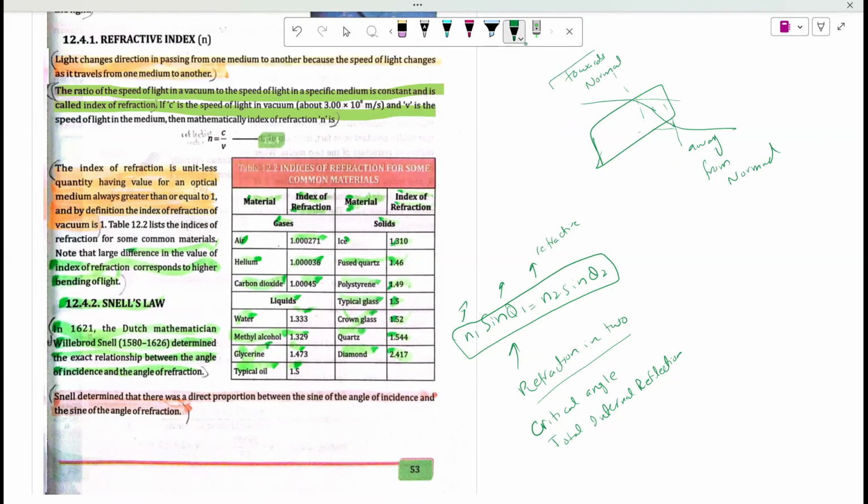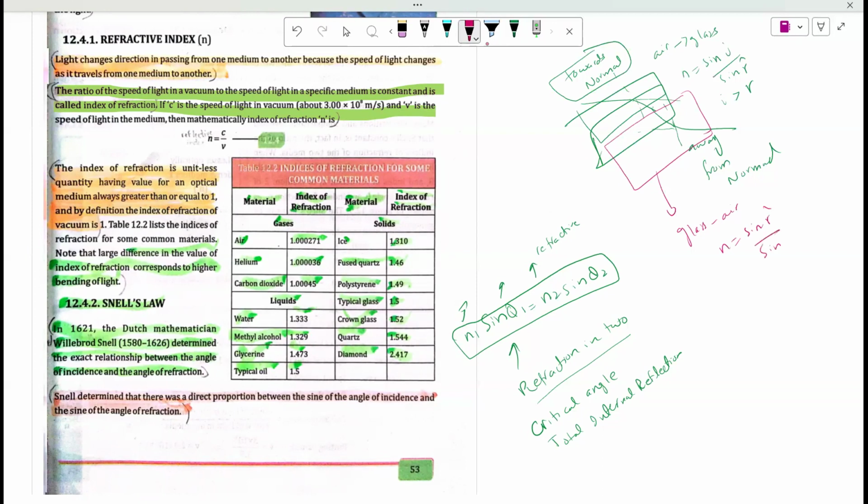Now, one thing that we need to keep in our mind is, for this part of the wave, which is from air to glass, the refractive index would be equal to sine I over sine R, whereas incident angle would be greater than refracted angle. For this part of the wave, where it's entering from glass to air, it's going to be sine R over sine I.